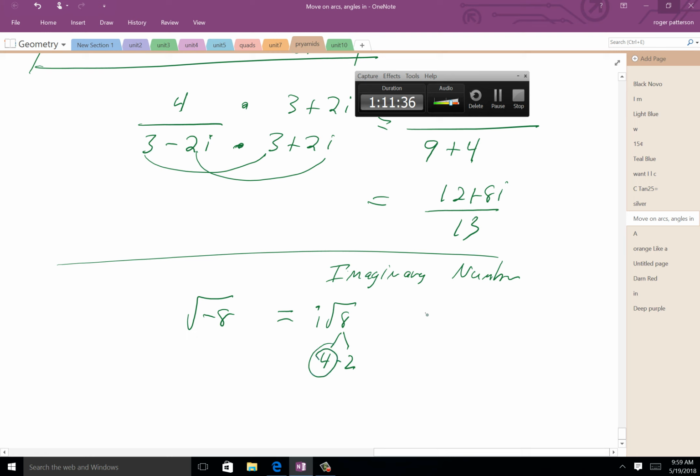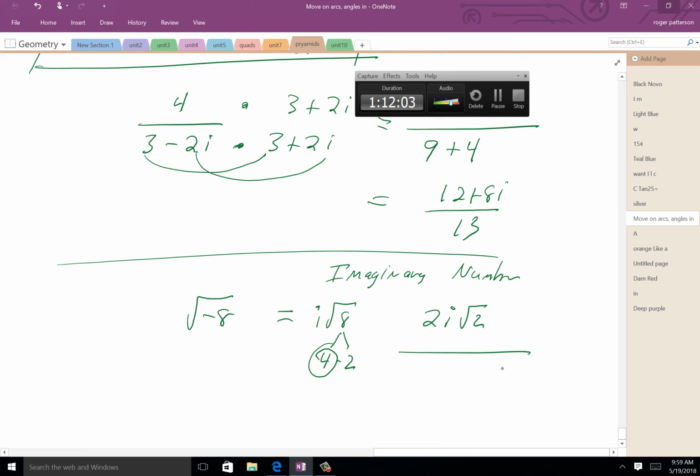Square root of 4 is 2, so I'm going to get 2i square root 2. There's going to be some problems where you have this. So you're just going to take the negative 1 and take the negative out. That becomes an i here. And then you simplify the 8 like you did last week on your assignment. So that's it.